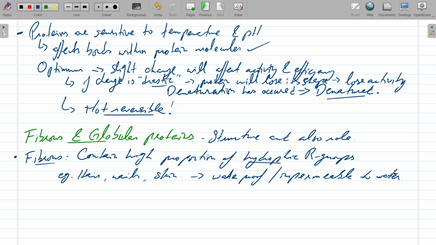Your hair doesn't sit well with water, your skin and nails don't allow water to enter or pass through, so they're waterproof, and that's because they have a lot of hydrophobic R groups in the polypeptide chain in the amino acids, and it just happens that the structure they form is fibrous protein.